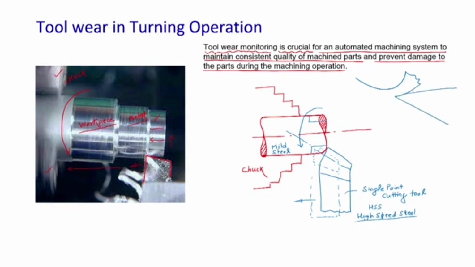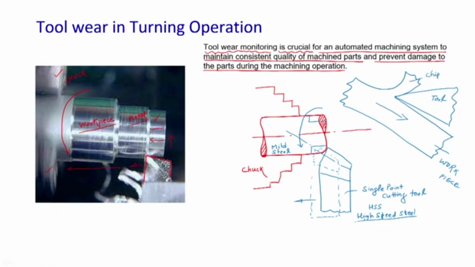So, this is the tool surface. This is the workpiece which is rotating here, and this rotation we can consider as linear movement, and this is the tool and this is the chip.